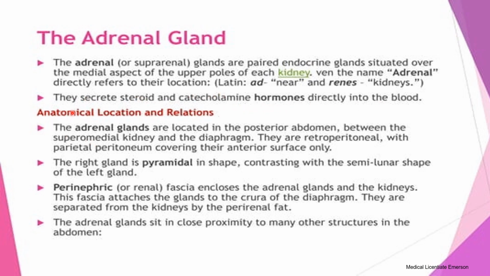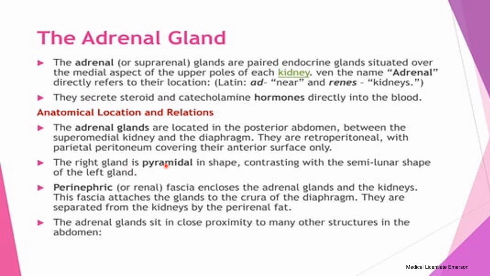In terms of anatomical location and relations, the adrenal glands are located in the posterior abdomen between the superomedial kidney and the diaphragm. They are retroperitoneal, with the peritoneum covering their anterior surface only. The right gland is pyramidal in shape, contrasting with the semilunar shape of the left gland.